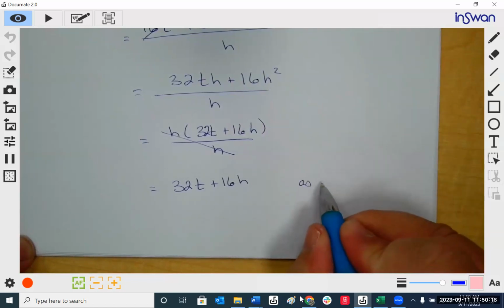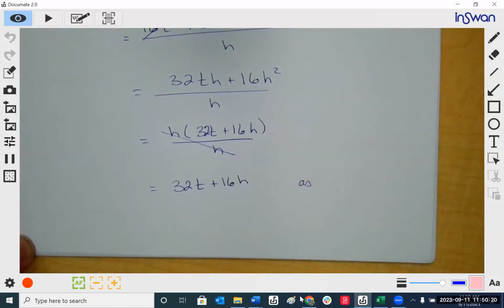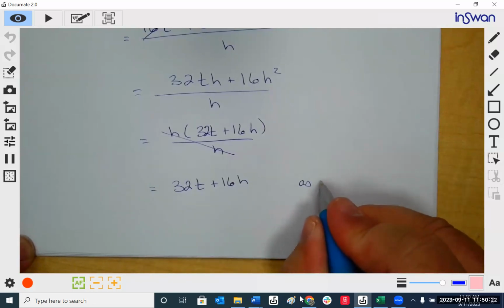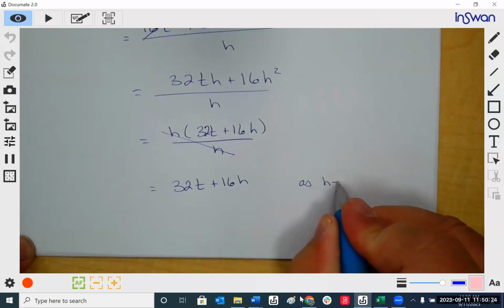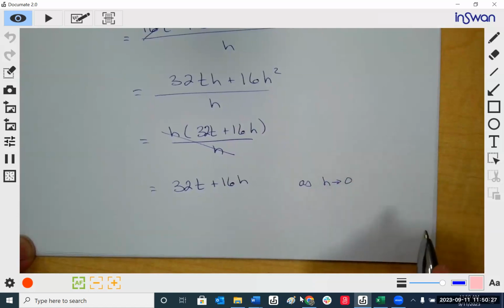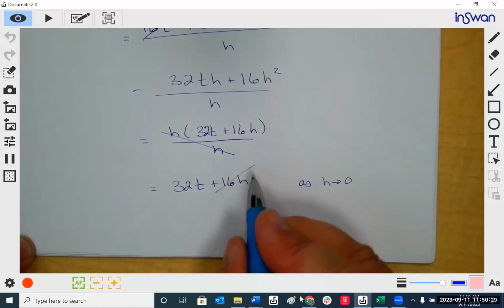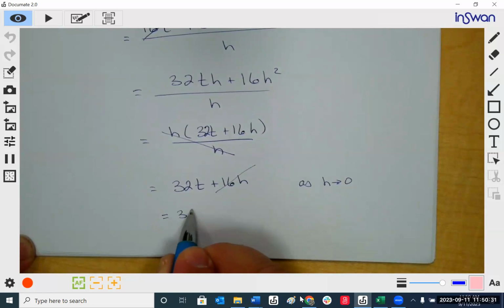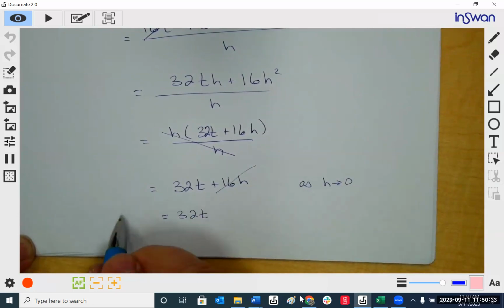Remember, our whole objective is when the distance between t1 and t2 becomes closer and closer, eventually zero. As h goes to zero, this number disappears. There is your rate of change.